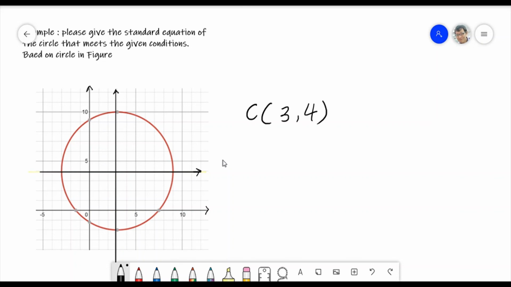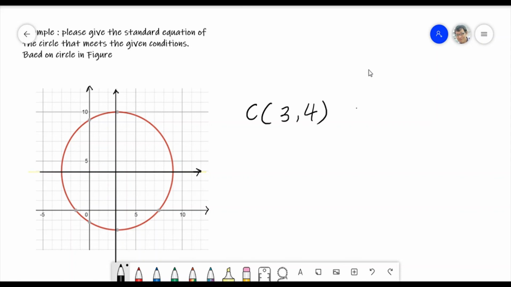So how about the radius? Let's count the radius from the center. 1, 2, 3, 4, 5, 6, right? Go to one point on the circle. So the radius is equal to 6. Okay, so then it will be very easy.